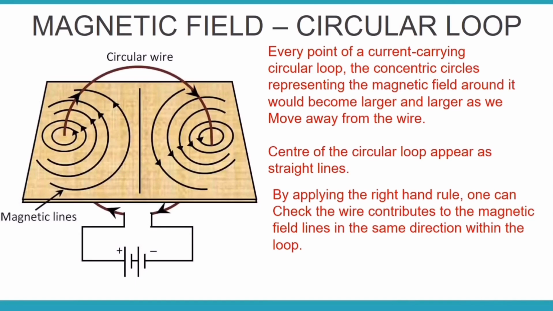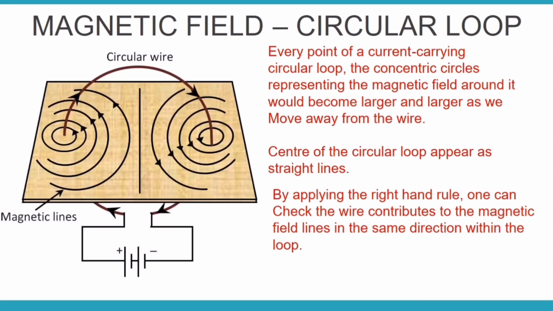Magnetic field for a circular loop. So far we saw the nature of the magnetic field for a straight conductor. Now, if a straight conductor is bent to form a circular loop, what happens to the magnetic field? Let's explore.